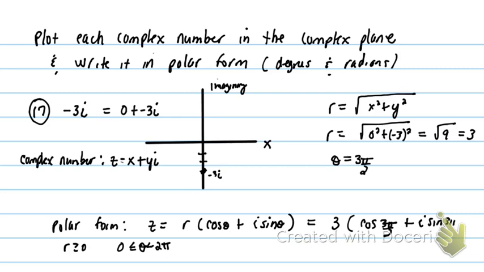I'll show you a few ways to write this. Now, if they wanted, that's radians, right? If they wanted degrees, what's 3 pi over 2? 270, right? So you could write cosine of what? 270 plus i sine of what? 270. Does that make sense? Just don't forget your degree symbol. So one's written in radians, which is what I prefer, and the other is written in degrees. Make sense?